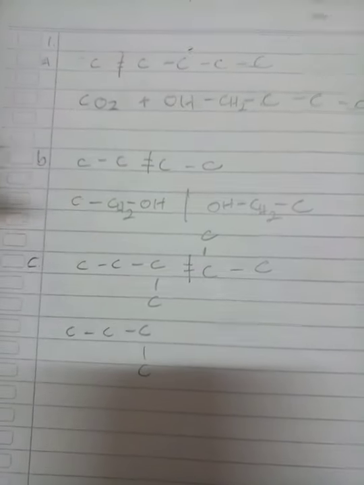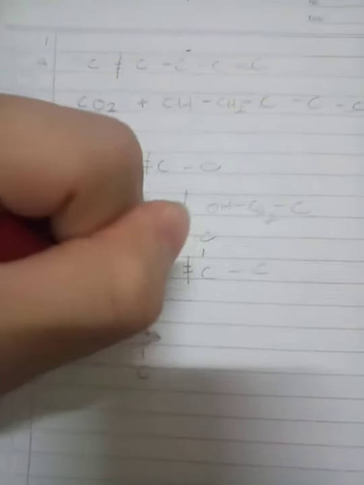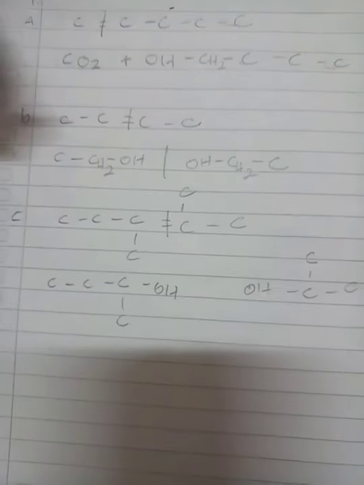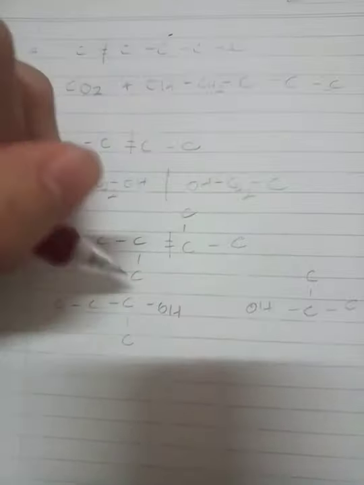Remember, after you split the double bond, you always have to add an OH. Okay, so as you can see, we already broke the double bond, and we already added the OH and the OH.